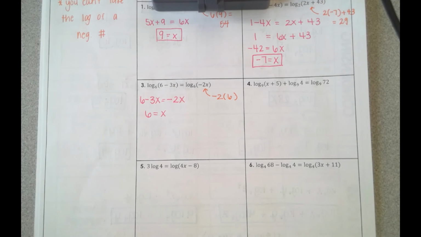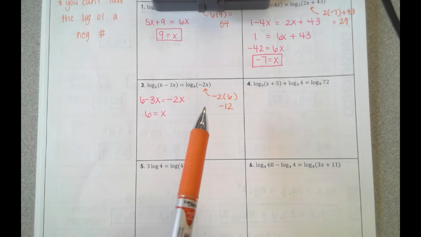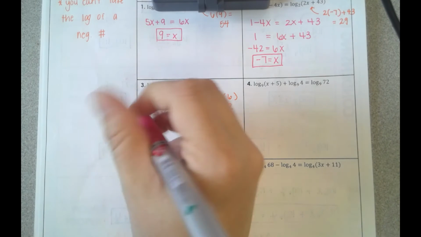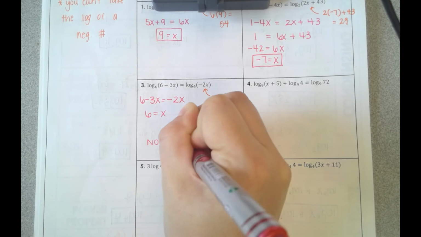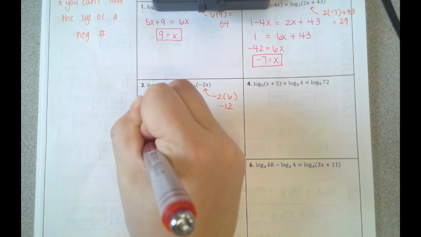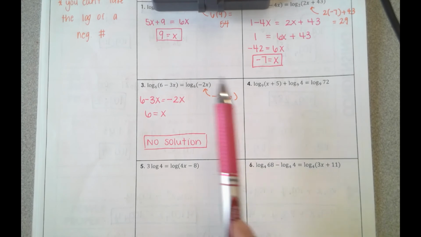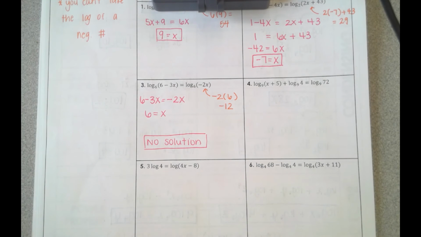Now, if I go plug that back in to either one of them, we would get the same answer either one. We get negative 12. If you try to type in log base 6 of negative 12, guess what? It's not going to let you do it. So this one is actually no solution. So there's no x values where those two logs are equal to each other.